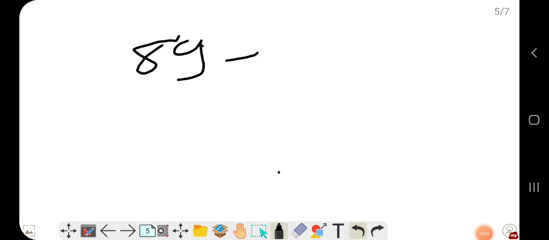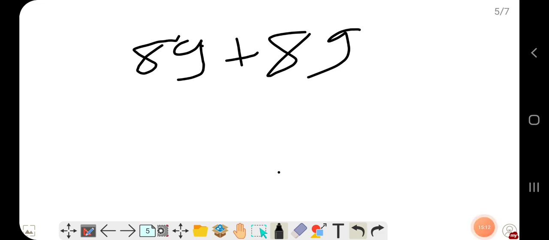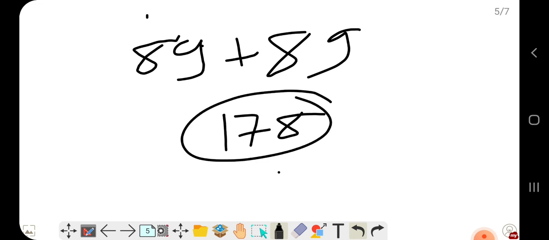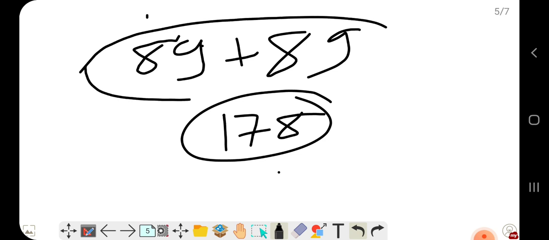Consider 89 plus 89: 9 plus 9 is 18, carry 1, 8 plus 8 is 16, plus 1 is 17. This is the addition of two acute angles.